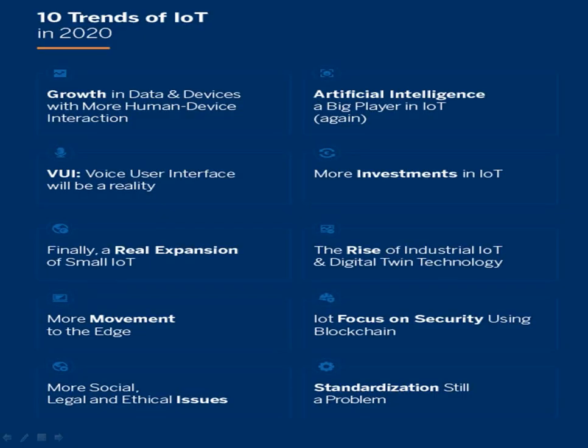See, 10 trends of IoT in 2020. Actually, growth in data and devices. After 5 years, sure and believe, the interaction will not be between human and human. The interaction will be between human and device only.